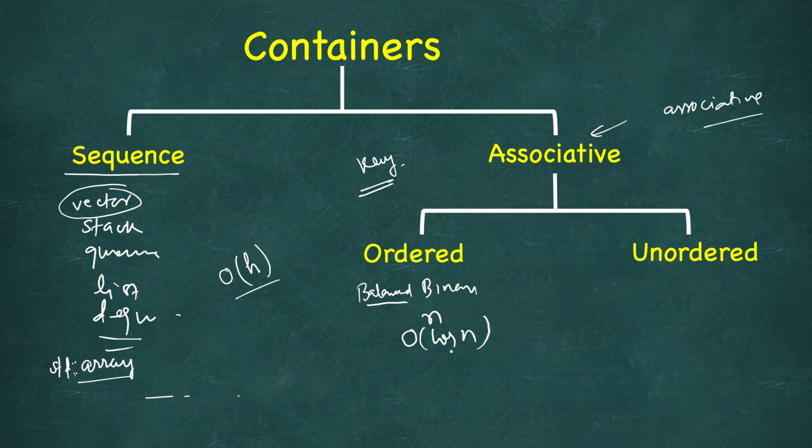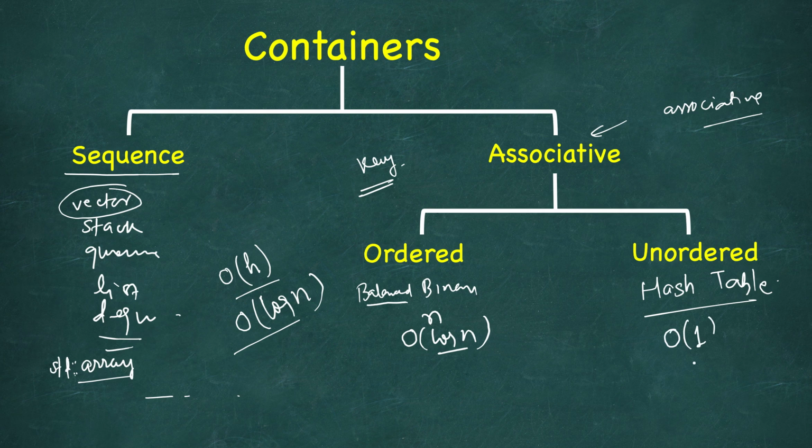And in the balanced case, it's log n. So the different operations are of the order of log n. In the unordered case, these are implemented using hash tables. So order is not guaranteed. And here the expected operation time is O(1) for most of the operations.